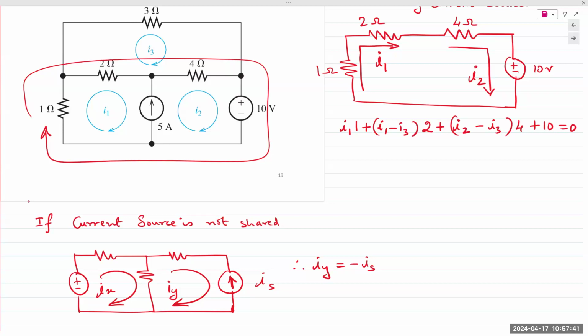One final note. Now that you know that, how can you express this 5 amp source in terms of I1 and I2? Remember, I just stated that if the mesh current is in the same direction as the source, then it's positive. If it's the opposite direction, it's negative.